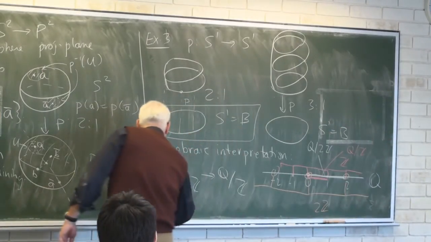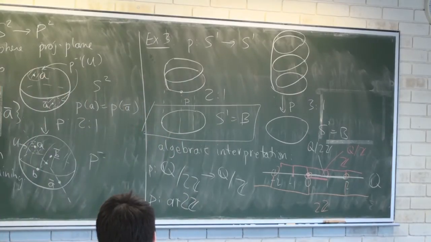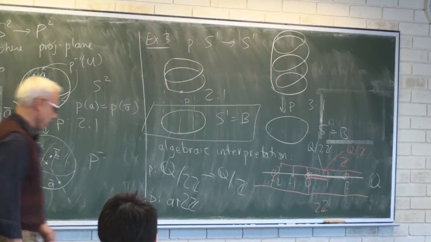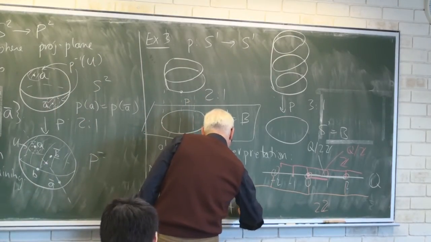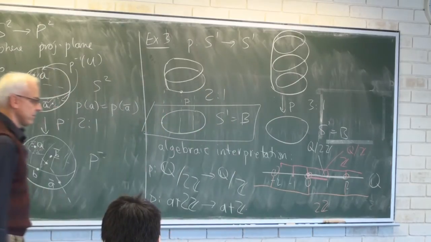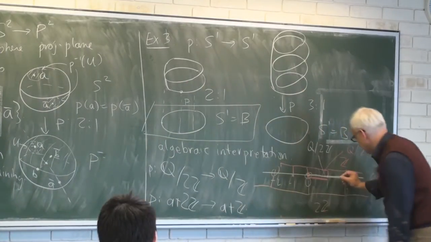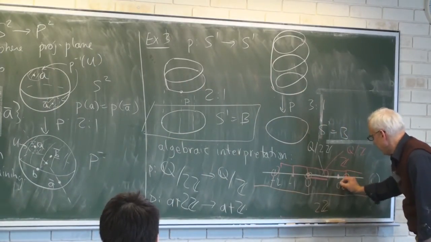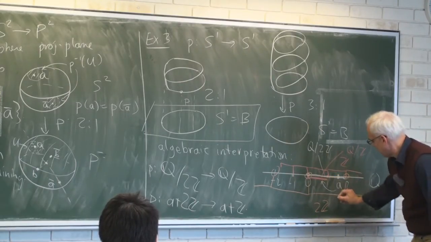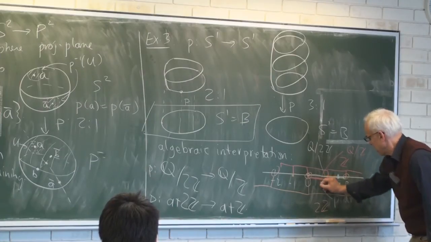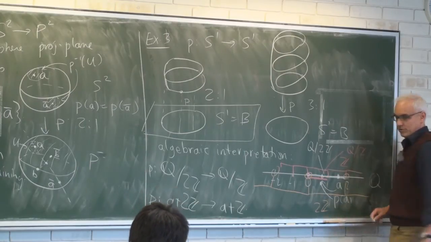The map sends a + 2Z, a coset of the smaller group, to the coset of the bigger group, a + Z, which is also ultimately a mod 1 operation. So for example, if we take an element a here, then its projection will be here, exactly 1 over, so we subtract 1 to get it in the interval associated to this one here.